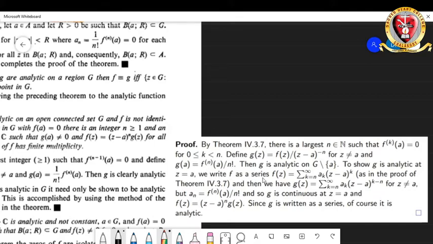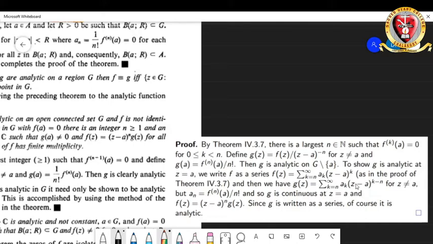For that, write the power series of f, the analytic function, which is summation k equal to n to infinity a_k (z minus a) raised to k. Then we have g of z is equal to summation k equal to n to infinity a_k (z minus a) raised to k minus n for z not equal to a, but a_n is equal to Fn of a divided by n factorial.